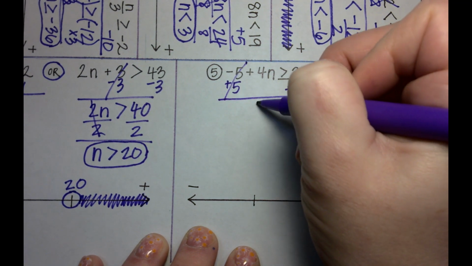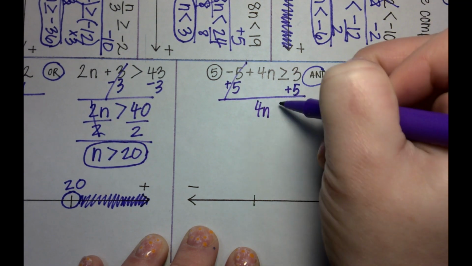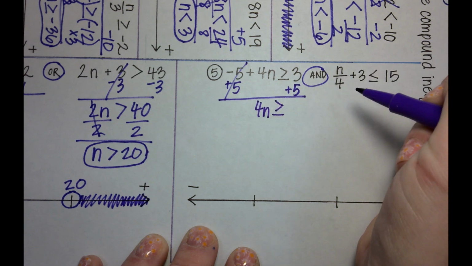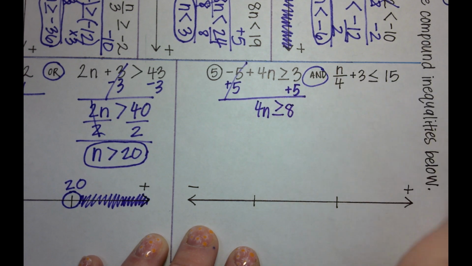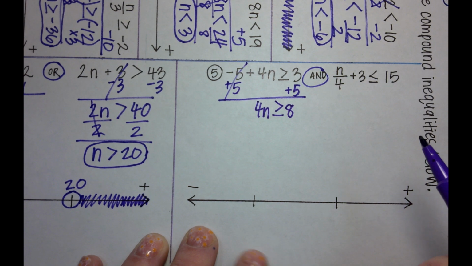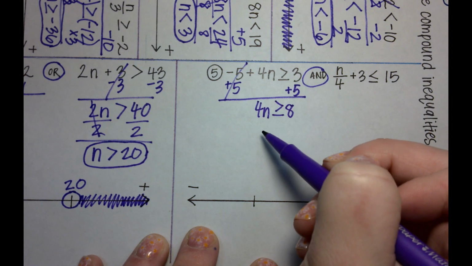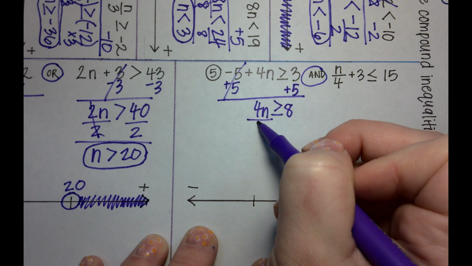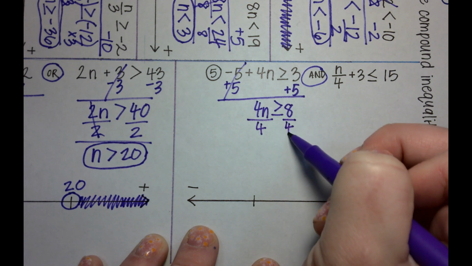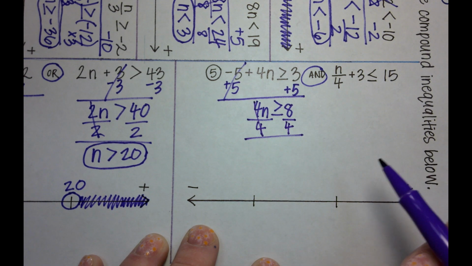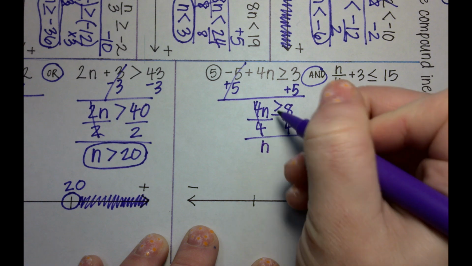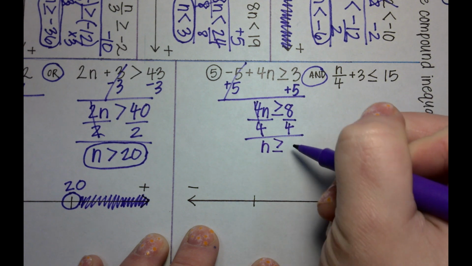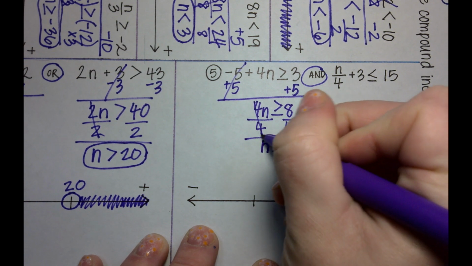Bring down 4n. Bring down my sign. 8. And 3 plus 5 is 8. And what should I do next? Divide by 4. And then I'll get n is greater than or equal to 2. Perfect.